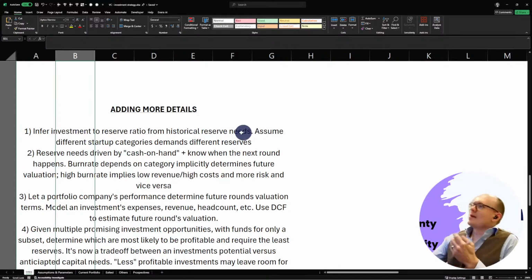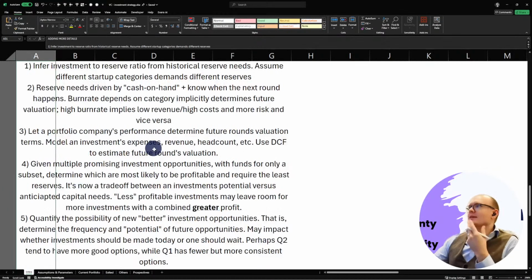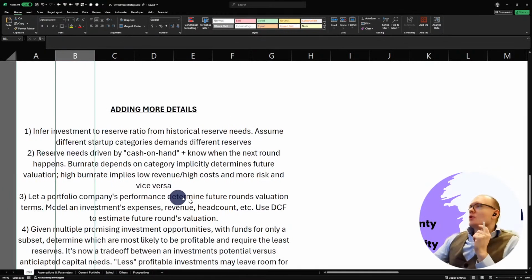So for instance, we might assume for simplicity that there are different startup categories that demand different reserve needs. We could also consider the reserve needs to be driven by cash on hand.